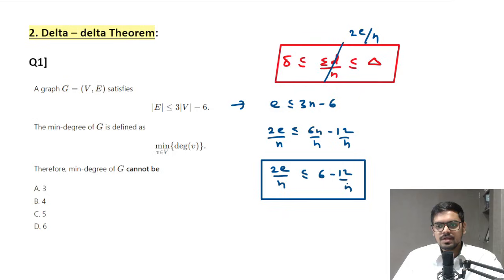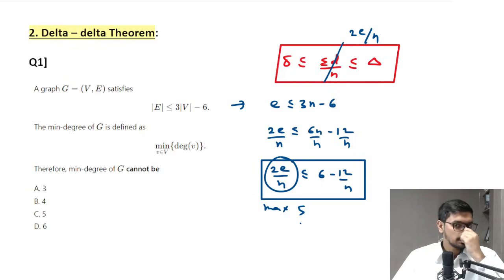The maximum possible value: n equal to 0 is not defined, n equal to 1 gives a negative value, and average degree cannot be negative. When n is 6, we get 6 minus 2, which is 4, but that is not the maximum. The maximum value you will get when n is large, like 12. When n is 12, then 12 by 12 is 1, so 6 minus 1 is 5, which means this value will be at most 5.